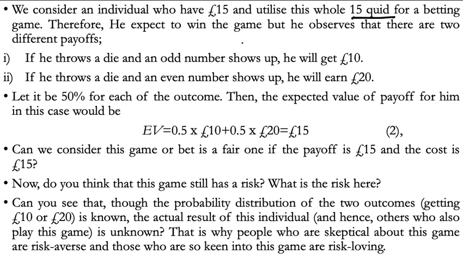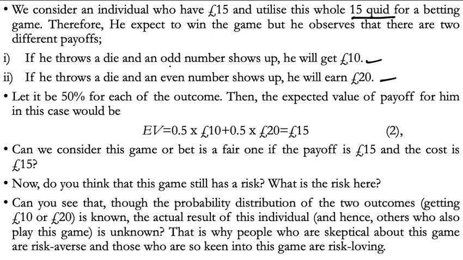If he throws a die and an odd number shows up, he will get 10 quid. But if he throws a die and an even number shows up, he will earn 20. Let it be 50% for each outcome. Why? Because for a die, we have 6 sides, 3 odd numbers and 3 even numbers. That's why it becomes 50-50.